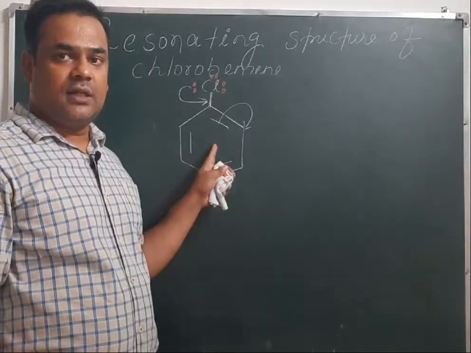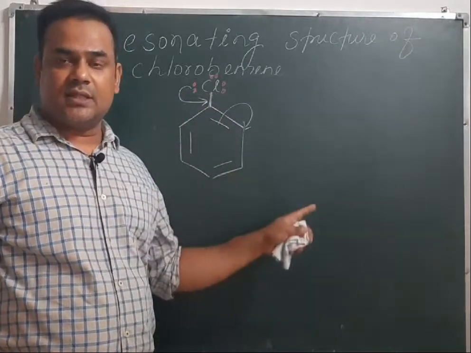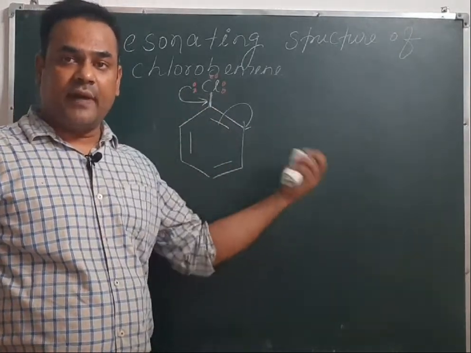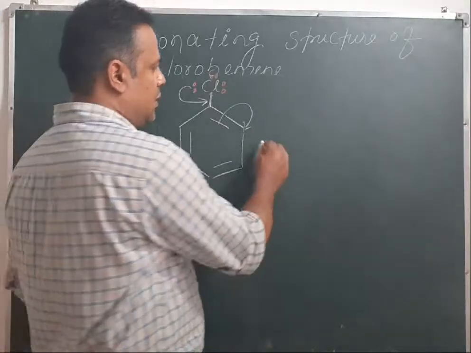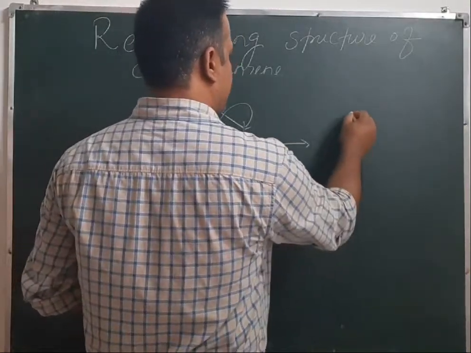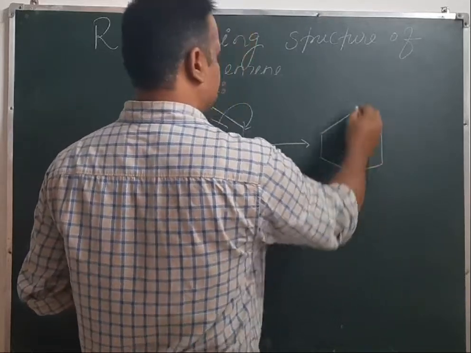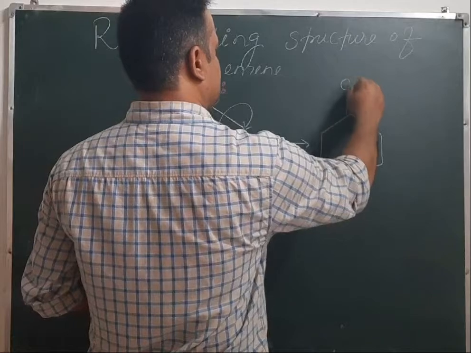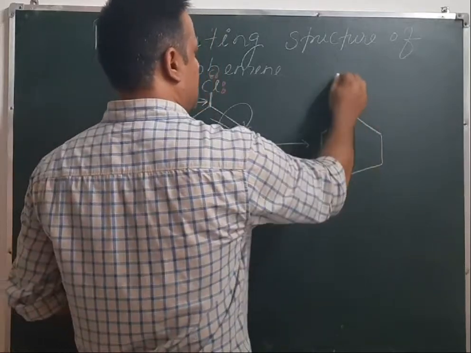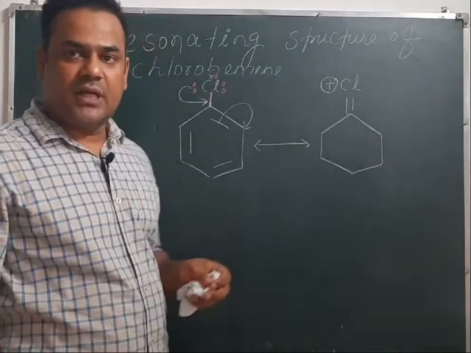In this structure, I have shown how the electron is moving. In the next structure, we will see what is the effect of that movement. So in the next structure, we can see here there is Cl and positive charge. Why this positive charge?